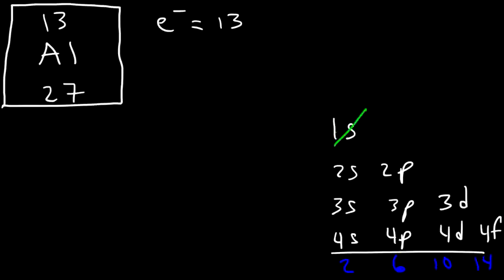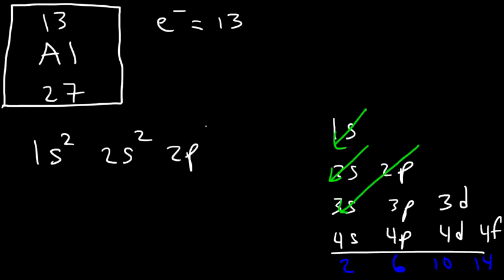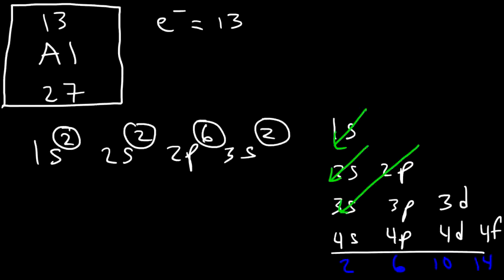So we're going to start with 1s. So that's 1s2. And then after 1s, we have the 2s sublevel. So this is going to be 2s2. And then we need to move on to 2p, then 3s. So p can hold up to 6, and s can hold up to 2. If we add the numbers 2 plus 2 plus 6 plus 2, that's 12.